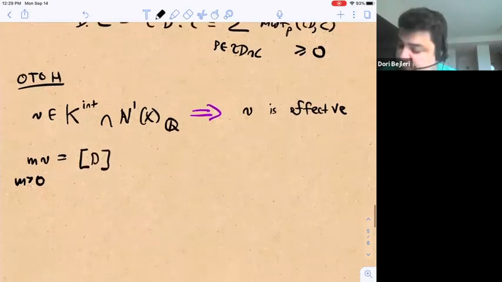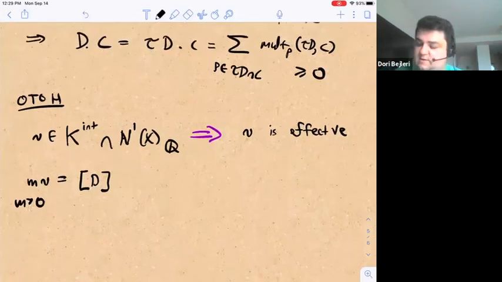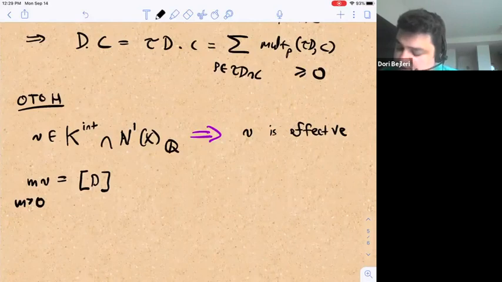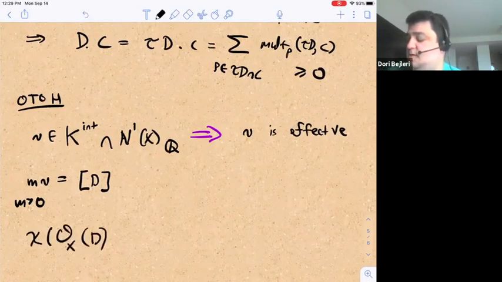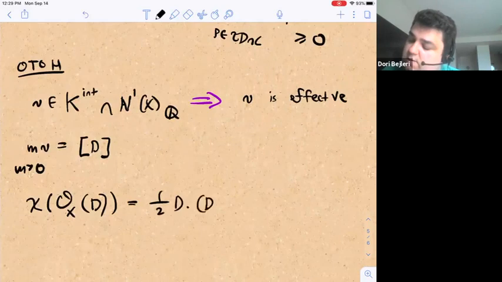And now we can use Riemann-Roch to compute the space of sections, because essentially v being effective is saying that this D has some sections for some large enough m. So Riemann-Roch tells us that the Euler characteristic of O_X twisted by D is the same as 1/2 D times (D minus K_X) plus the Euler characteristic of O_X.